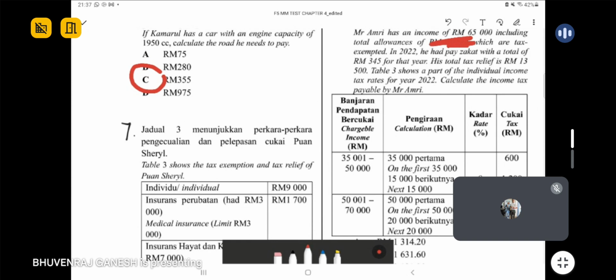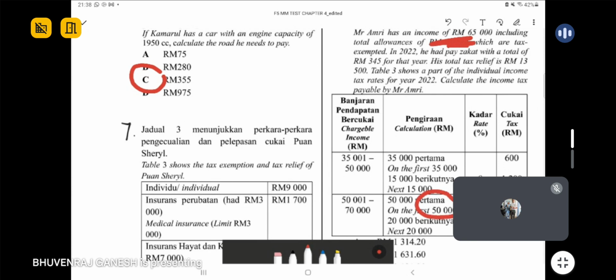You will get 51,500. Okay, so 51,500, you refer this value 1,800. So you're going to take 51,500 minus 50,000 times 14%. Okay, you will get a value of 210. This value you plus with base tax 1800.